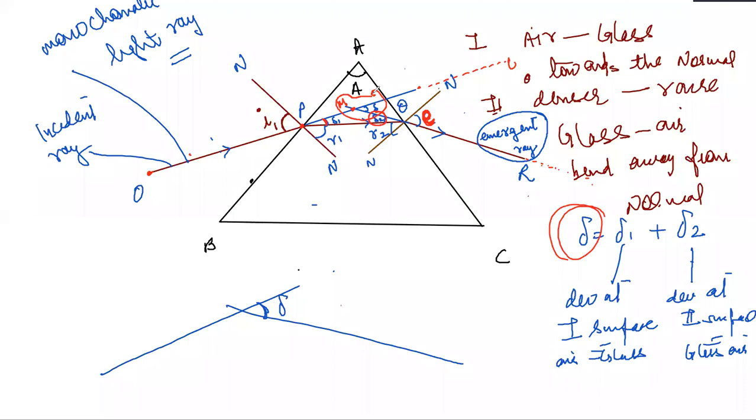It is called the angle of deviation and is denoted by the Greek letter delta. This is the purpose of the prism: it provides a double refraction and produces a deviation in the path of light, denoted by delta. Delta is equal to the sum of the two deviations at the two surfaces of the prism, AB and AC.